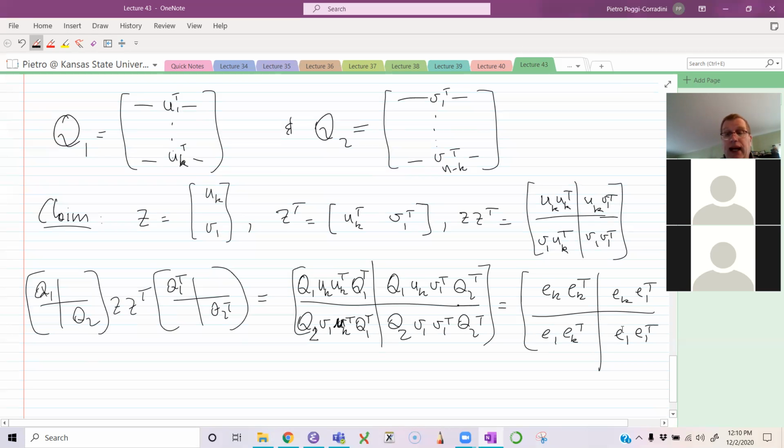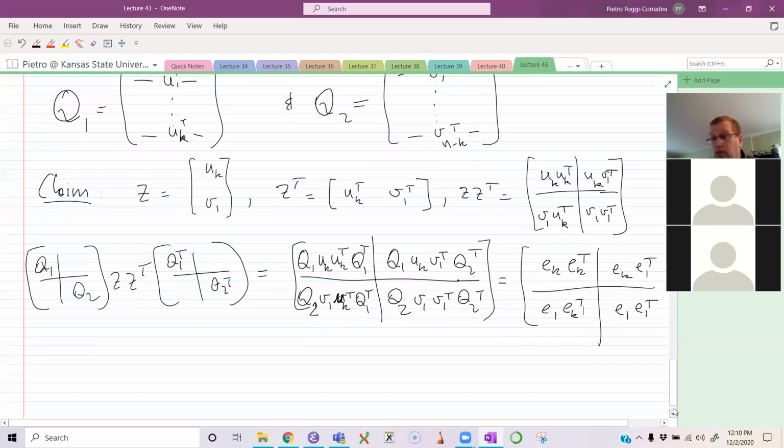The problem is that E_K is in R^K, and E1 is in R^(n minus K). But that's fine, because you can always take these types of products. This guy is going to be K by 1, and this guy is going to be n minus K by 1.